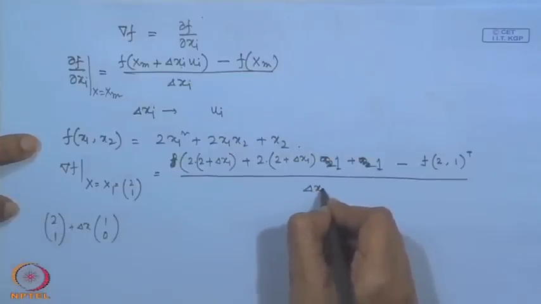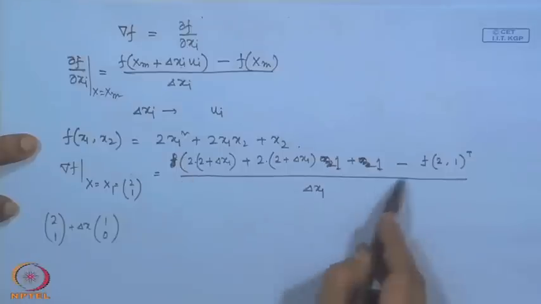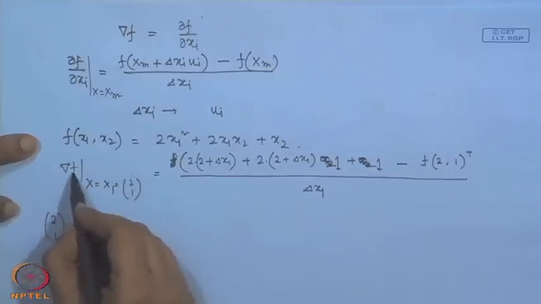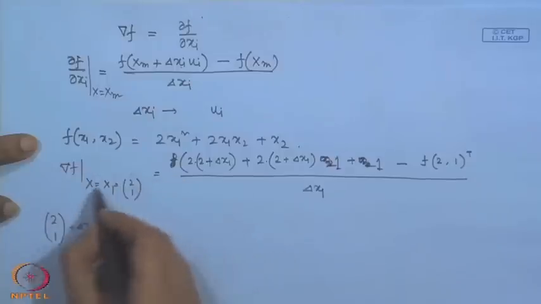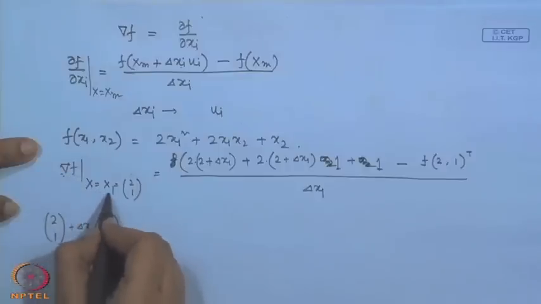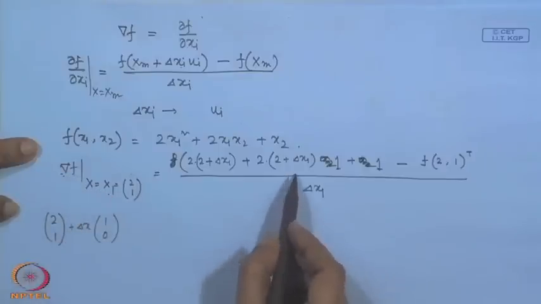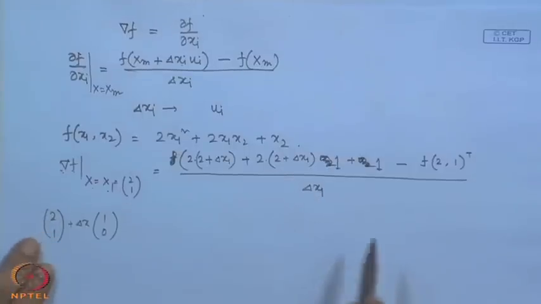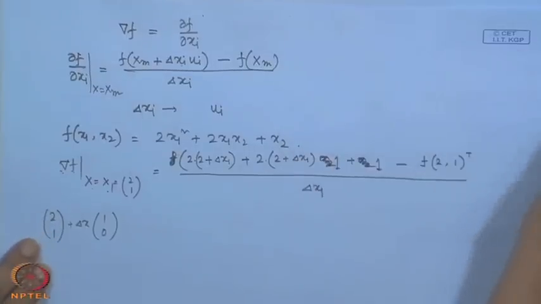If we consider this difference and the ratio, this corresponds to the gradient of f at point x 1, and this process can be adopted without using the differentiation of the function itself. Now, this is one process.